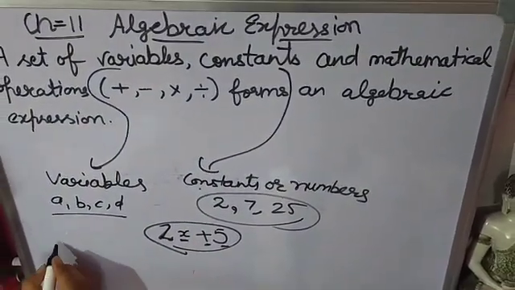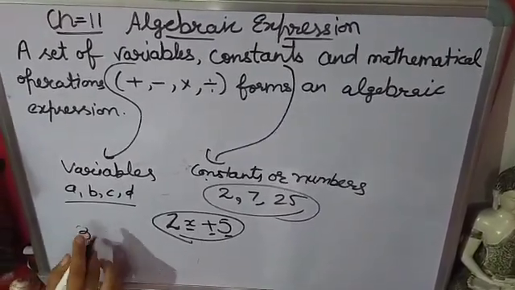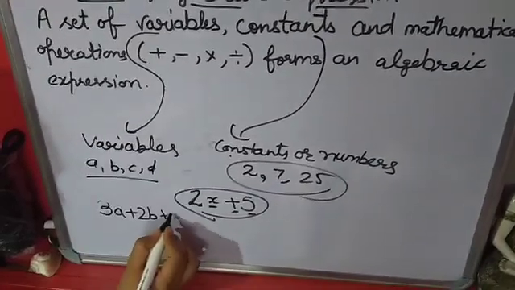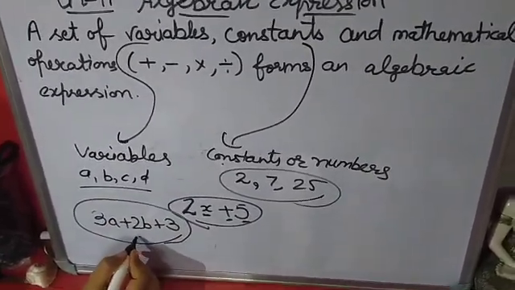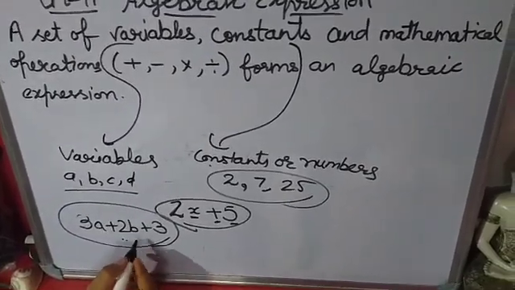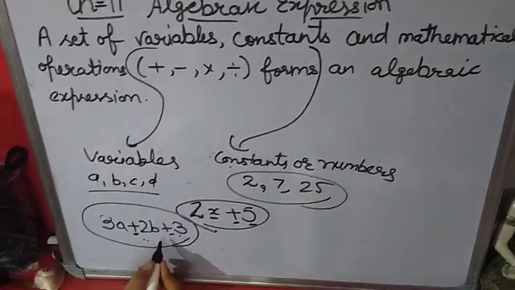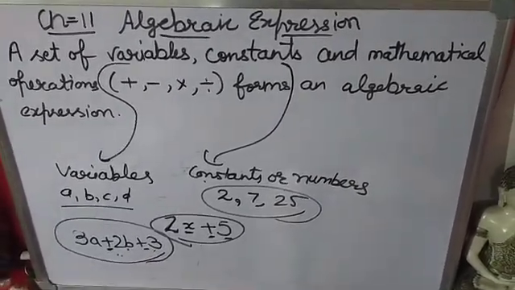And if I have written here 3a plus 2b plus 3, this is also called an algebraic expression, because there are mathematical operations, constant terms and variables.